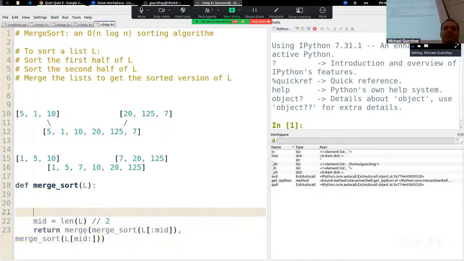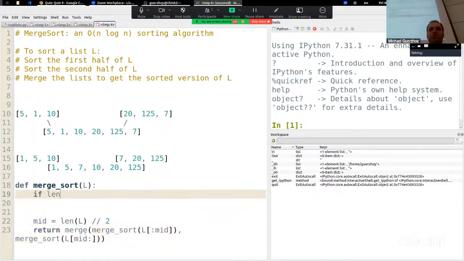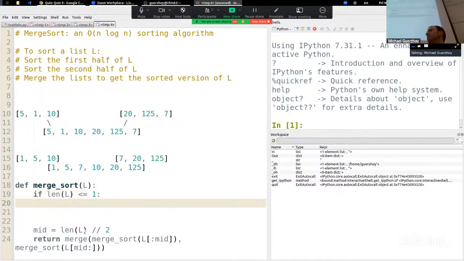We need a base case. So if the length of L is less than or equal to 1, then the list is already sorted. An empty list is always sorted. A list of length 1 is always sorted. So I'll just return a copy of L. The reason I'm returning a copy rather than L itself is just because I want to make sure that I always return a fresh list rather than sometimes returning the alias and sometimes not.